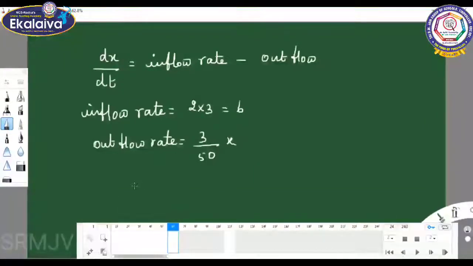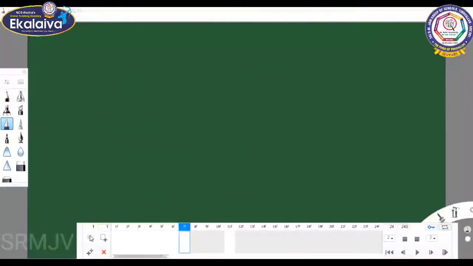So dx by dt equal to 6 minus 3 by 50 into x. You can take it as dx by dt.